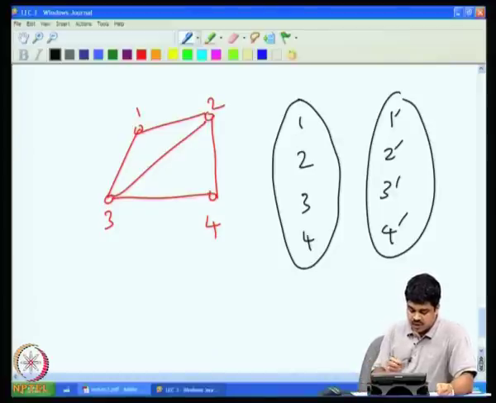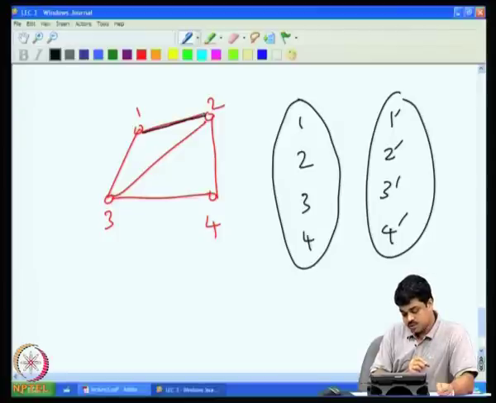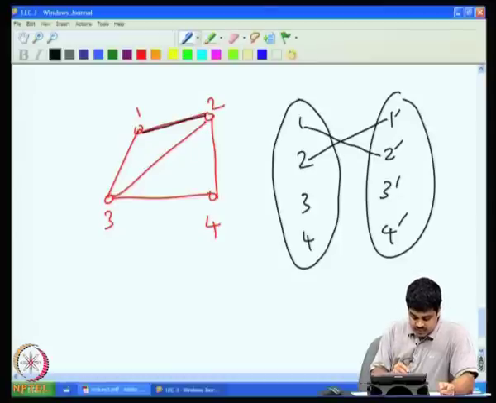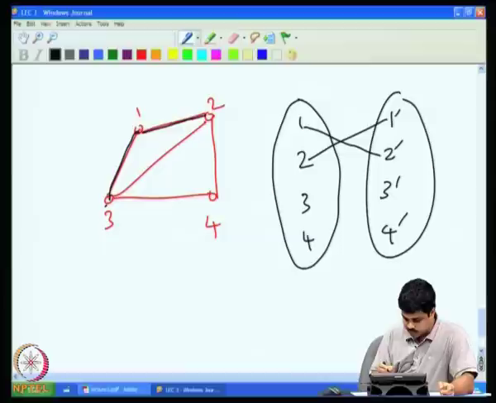Now, I see that there is an edge here between 1 and 2. So, I will put an edge here between 1 and 2 dash, and also 2 and 1 dash. For one edge here I put two edges. Between 1 and 3 there is an edge, so I put 1 and 3 dash and 3 and 1 dash.